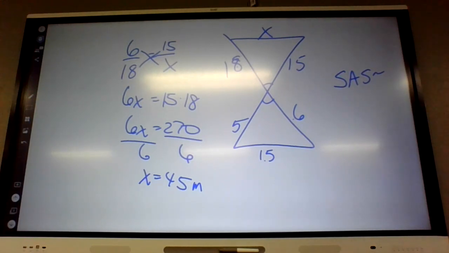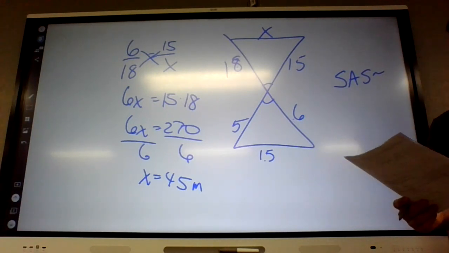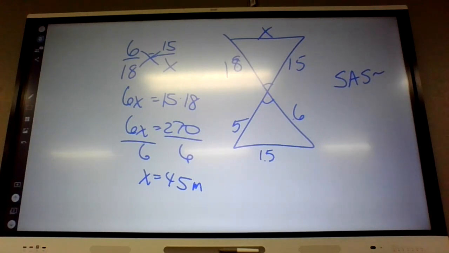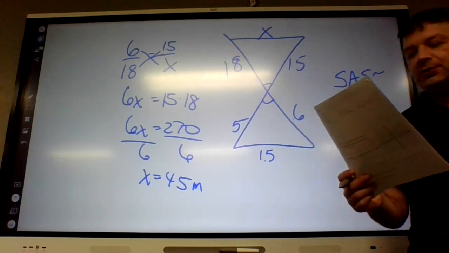Okay, so you can measure the width of something without actually going across the lake with the tape measure, just by using similar triangles.